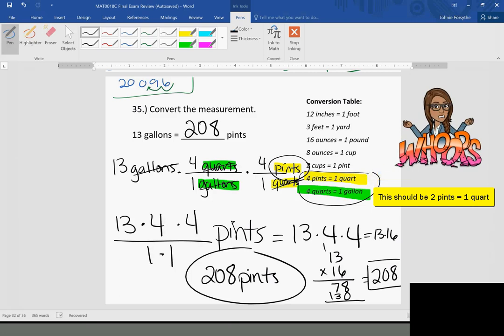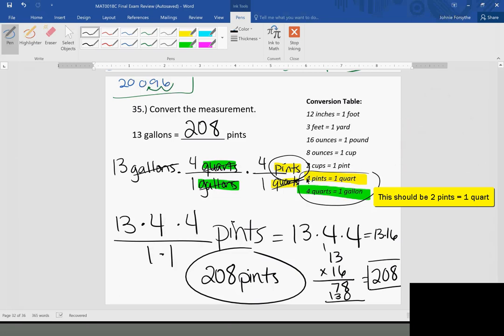You know what? I typed those conversions wrong. I apologize. This should actually be 2 pints equals 1 quart. So this number should be a 2. That means this would be a 2, and this would be a 2.